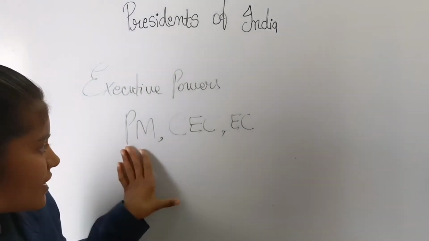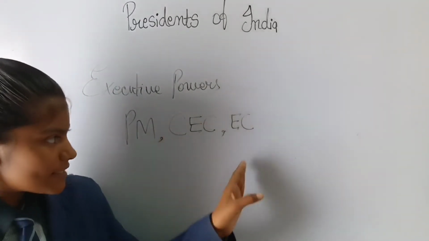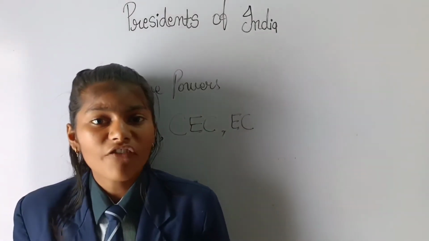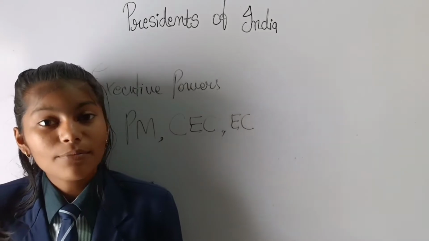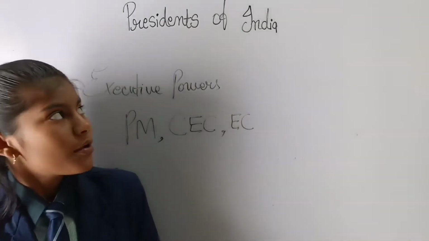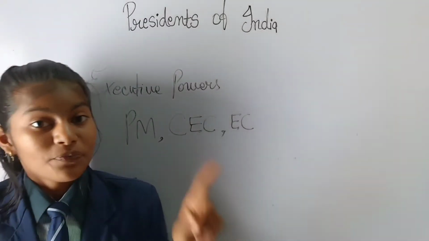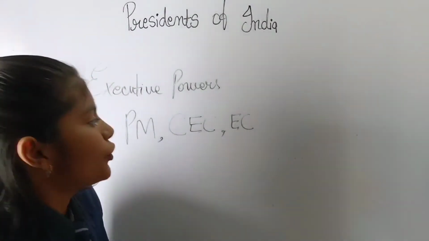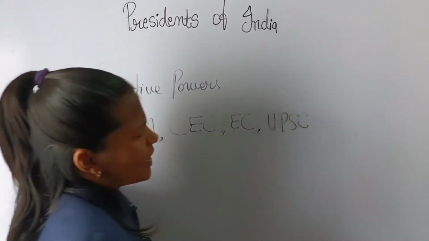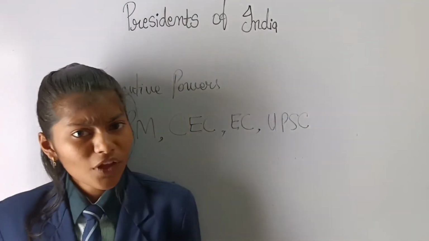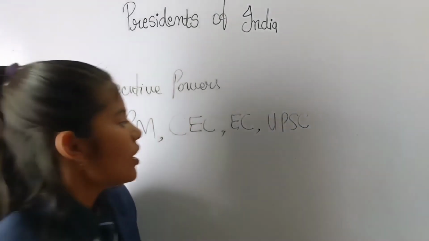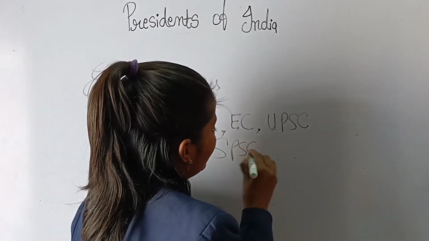Okay, so these are the PM, CEC, EC, and also important people like the governors of the states, and the CMs on the advice of the governors, who are appointed by the President of India. Within this, members of the UPSC, Union Public Service Commission, and State Public Service Commissions are also appointed by the President.